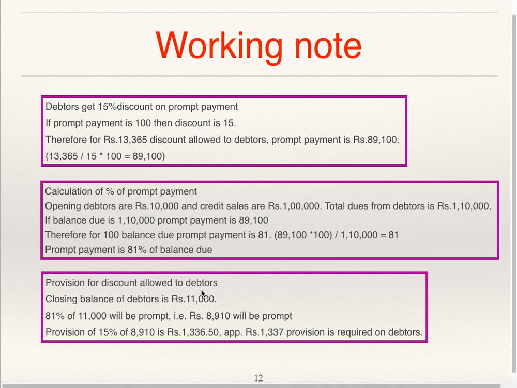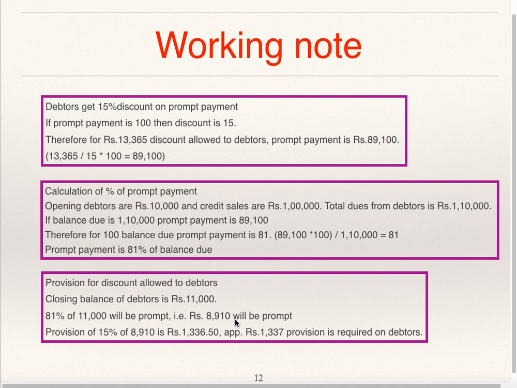Provision for discount allowed to debtors. Closing balance of debtors is 11,000. 81% of 11,000 will be prompt, as we have just found out the percentage of prompt payment. Therefore, 8,910 will be prompt, and on this they will get discount of 15%.